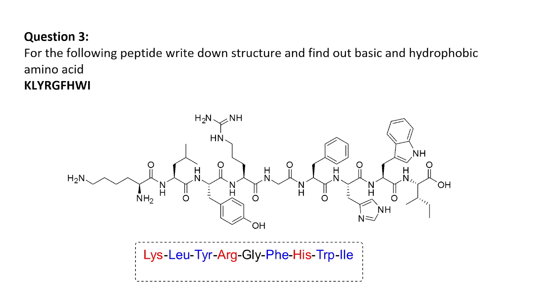Yes, so can anyone tell which are the amino acids that are basic in nature, or else have a basic side chain?